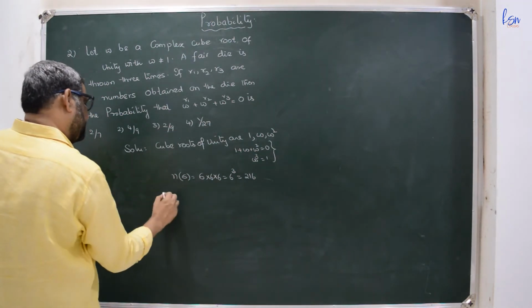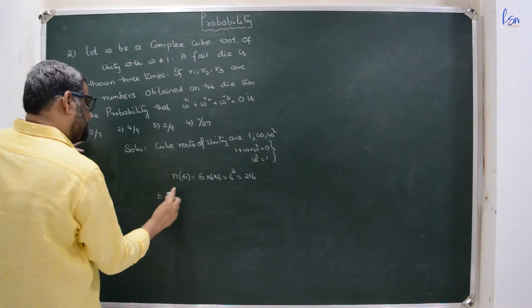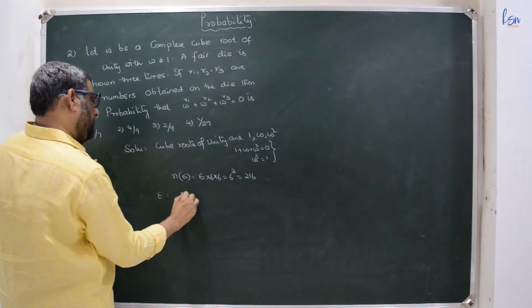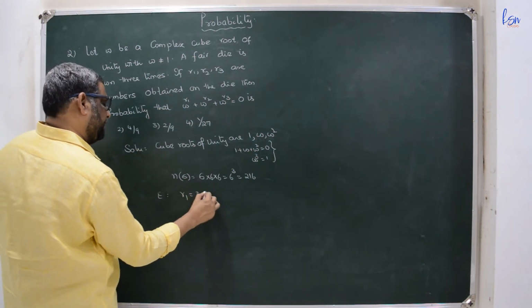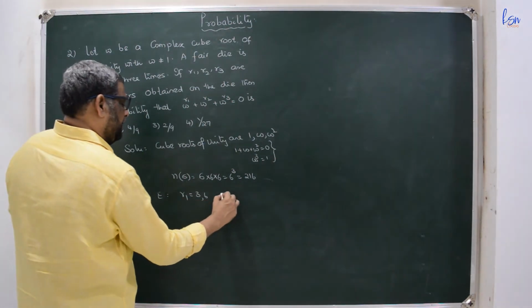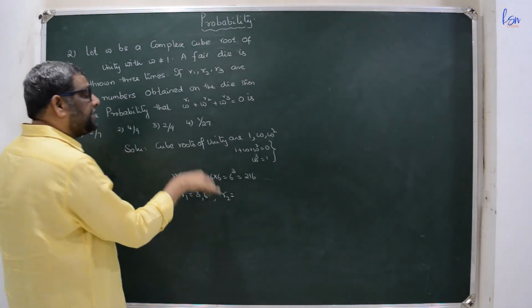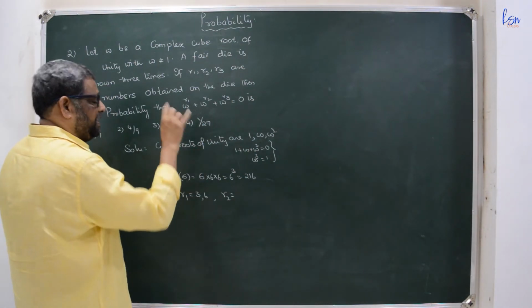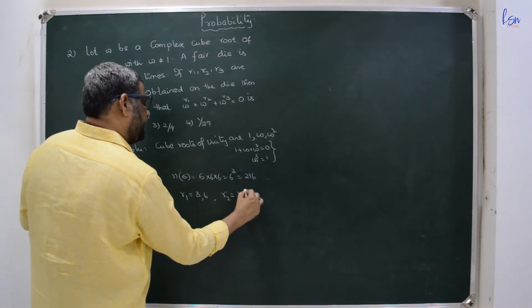So for this purpose, if I consider R1 which is a multiple of 3, R1 can be either 3 or 6. The chances for R1 are 3, 6. For R2, it is the number which will leave the remainder 1 when divided by 3, that is 1 and 4.